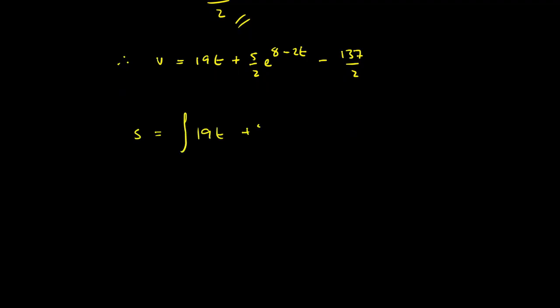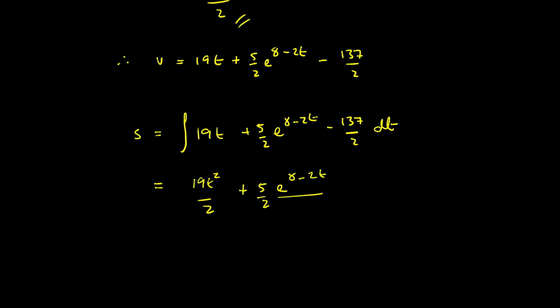I'm just going to write it out again. e to the 8 minus 2t minus 137 upon 2 dt. Now if I integrate it, 19t squared upon 2 plus 5 upon 2 e to the power 8 minus 2t, but I've got to divide through by negative 2, minus 137 upon 2 t, and then I've got to add another constant, which is going to be mu.